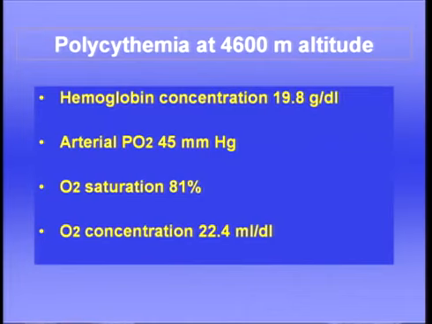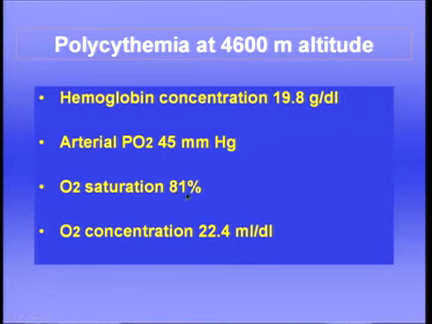There are people in the Andes who live at this altitude, and they've been extensively studied, and it turns out that the polycythemia has increased their hemoglobin concentration from the normal value of about 15 grams per deciliter to 19.8, a very big increase. Now they have a very low arterial PO2, only 45 against ours at sea level, around about 100.